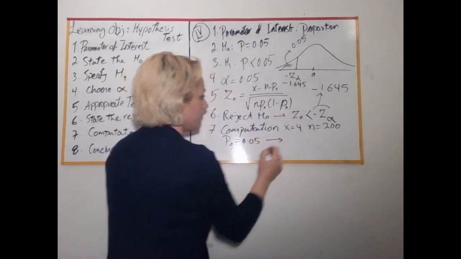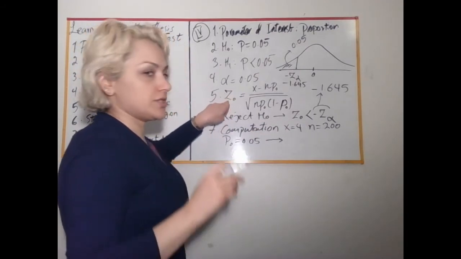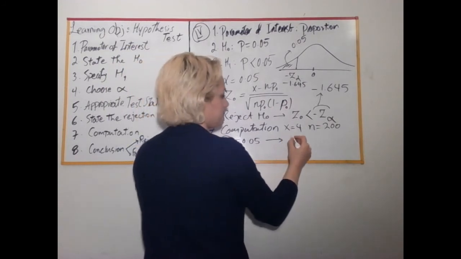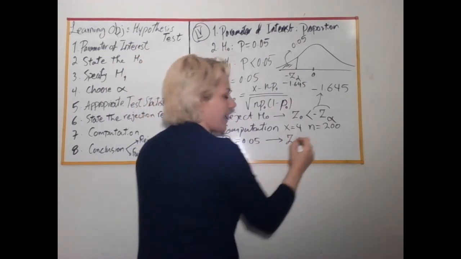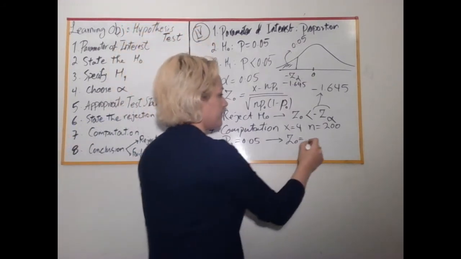When you substitute these numbers in the equation written in step number 5, you can find the value of Z null. The value of Z null is going to be minus 1.95.